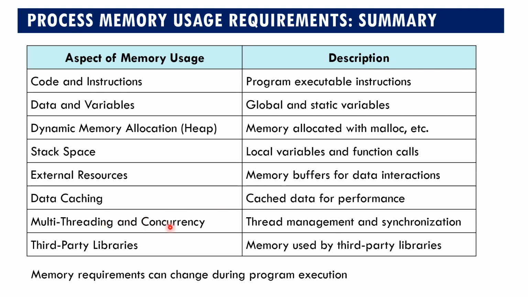Next one is multi-threading and concurrency. For example, in inter-process communication, one process communicates with another process by using various techniques, including shared memory. Whenever 2 processes have to be executed concurrently, they can do so by using the shared memory.